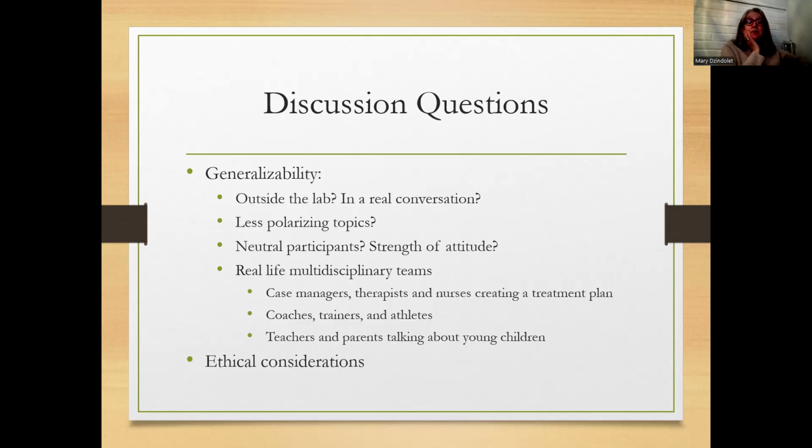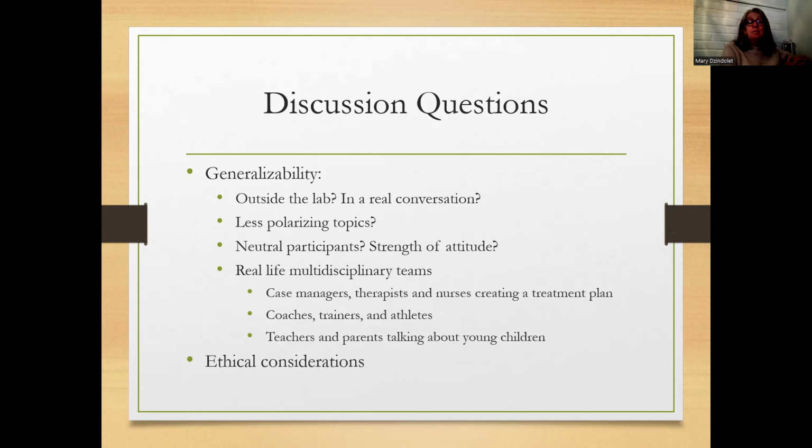And then a couple of you brought up, well, three of you brought up what would happen in real life multidisciplinary teams. So when you have a case manager and therapists and nurses creating a treatment plan in a healthcare institution, how would, in this real world situation, in a real conversation outside the lab, opposed framing work?